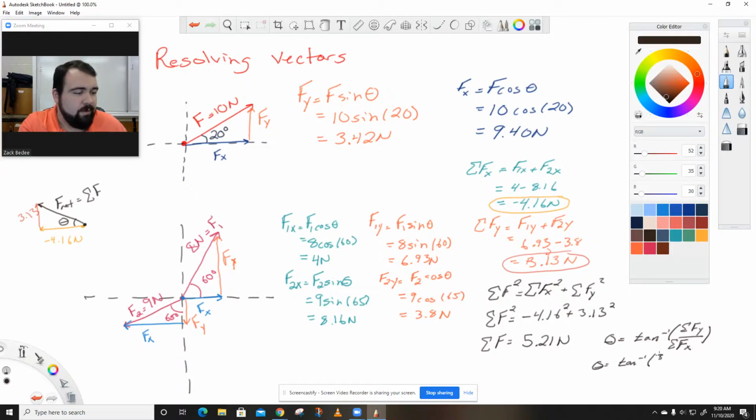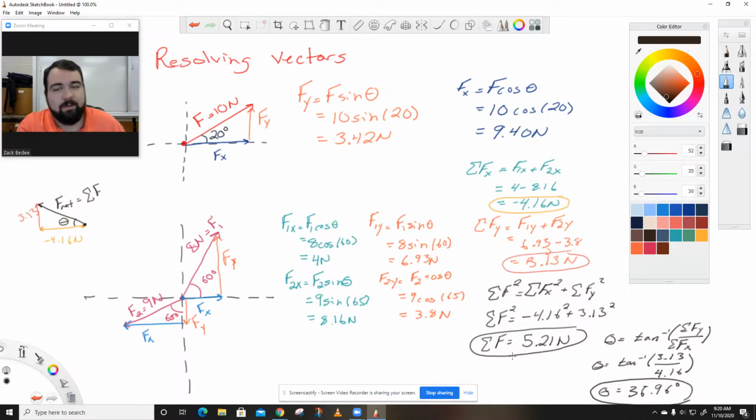So 3.13 over 4.16, and that gives 36.96. So our total net force then ends up being 5.21 newtons at 36.96 degrees.